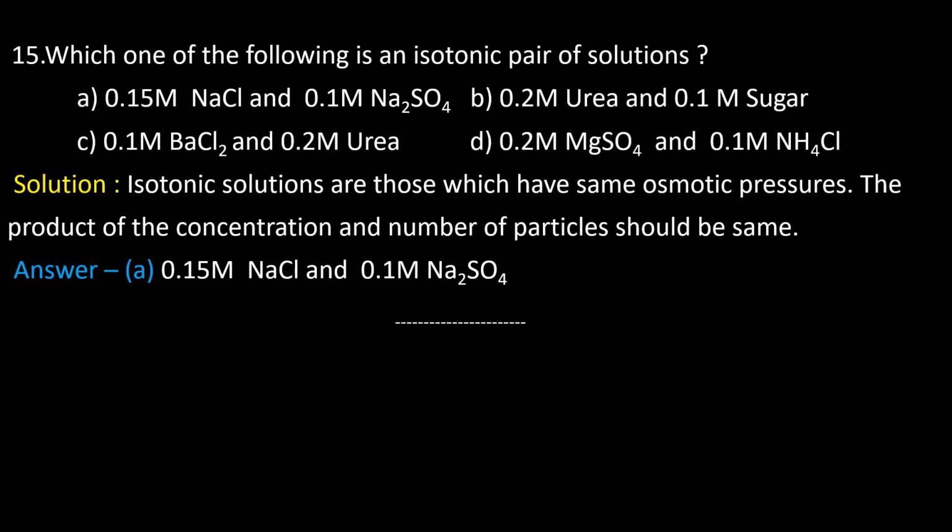So 2 sodium ions and 1 SO4 2 minus ion. So number of particles is 3 and concentration is 0.1. So 0.1 into 3, that will be 0.3. So both will be having same number of the particles. So the correct answer is option A, 0.15 m NaCl and 0.1 m Na2SO4.